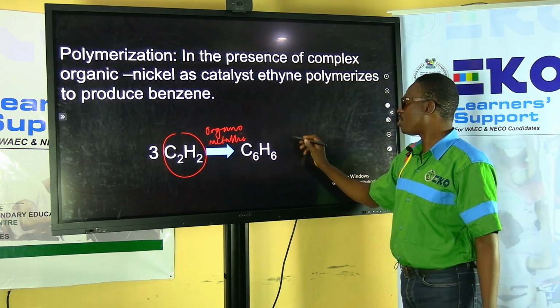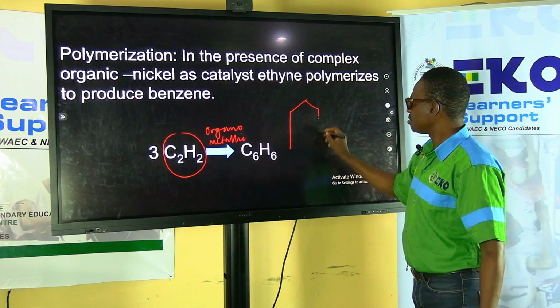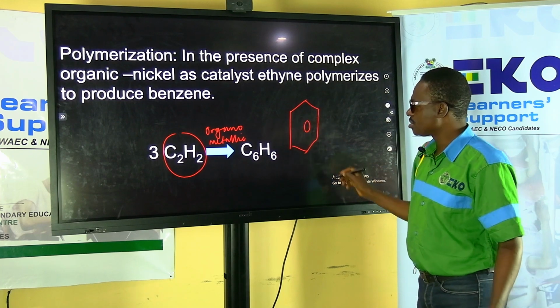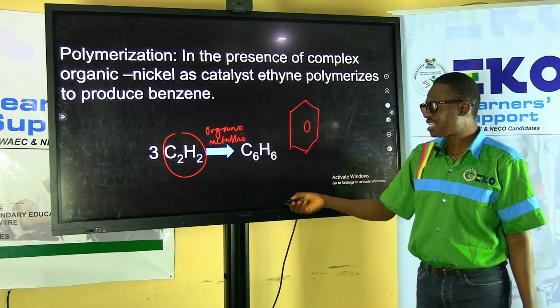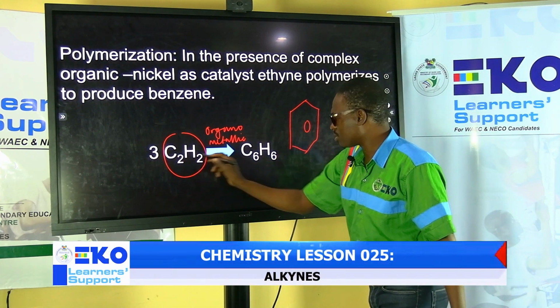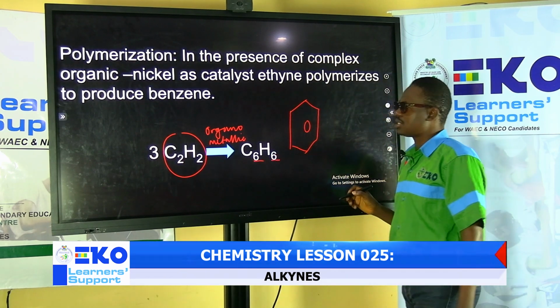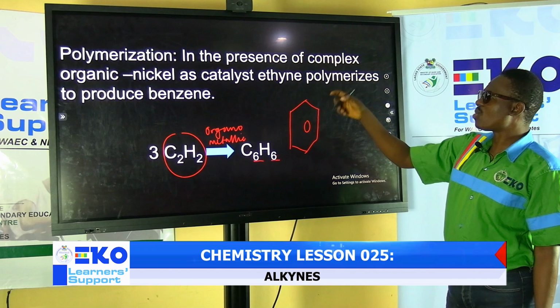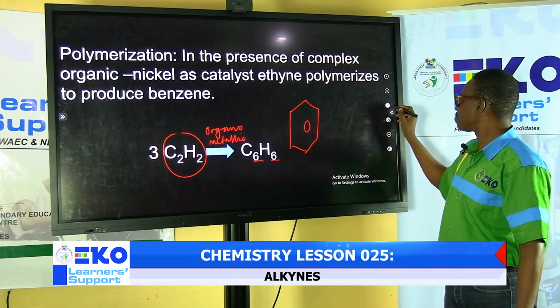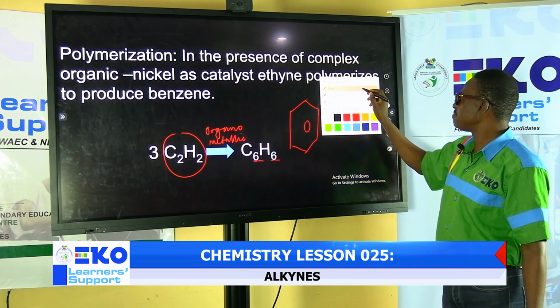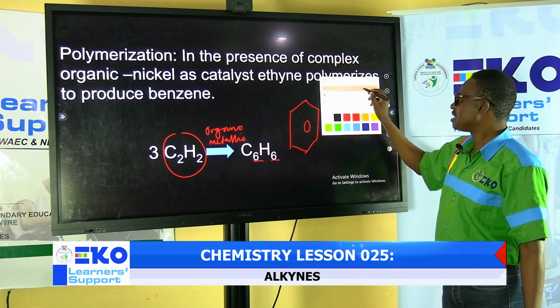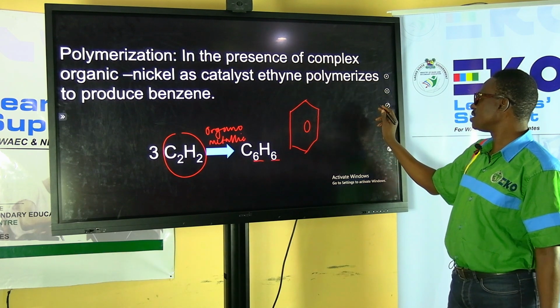It gives what we call benzene. So benzene is formed. It's very easy to know. This 3 times 2 will give you 6. Then 3 times 2 again will give you 6. You need to know this. So whenever ethyne is polymerized, it gives a compound that we call benzene. Good.